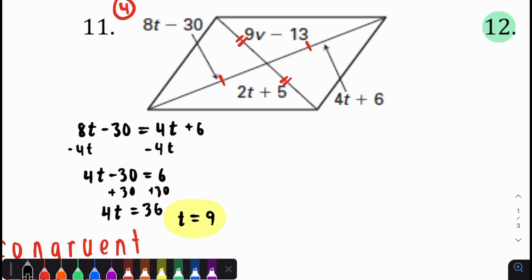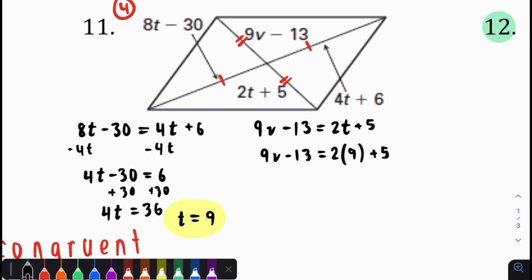Now let's find v. I know that 9v minus 13 equals 2t plus 5. Well, I found out what t is, so let's plug that in. So 9v minus 13 equals 2 times t, which is 9, plus 5. 2 times 9 is 18.